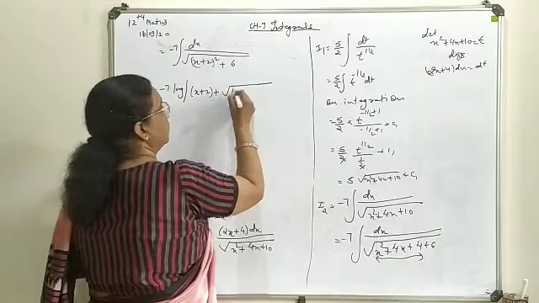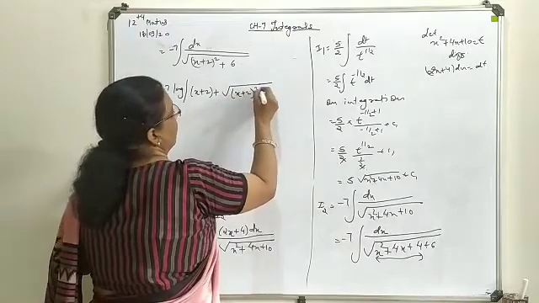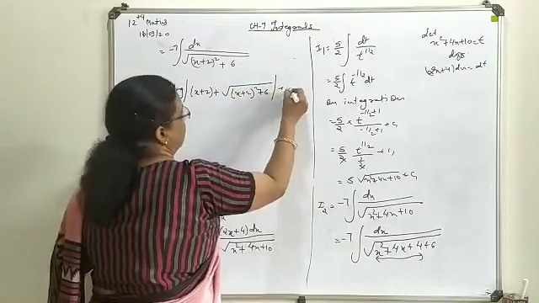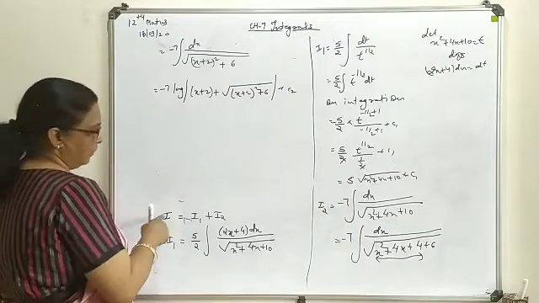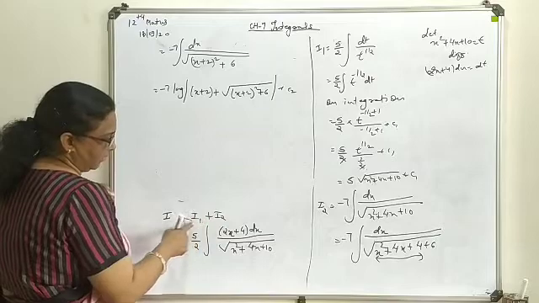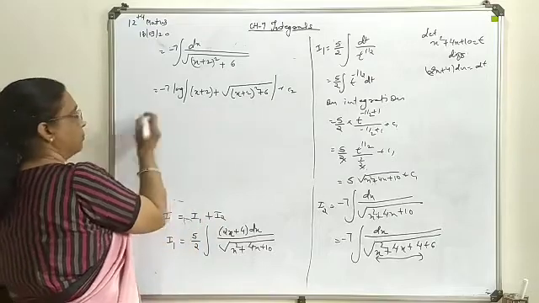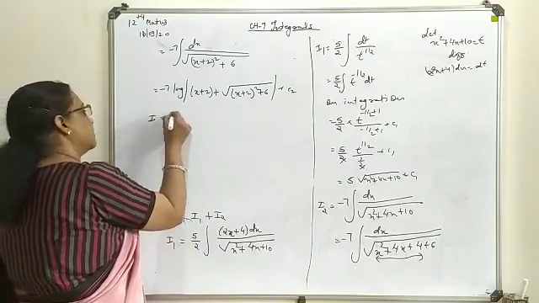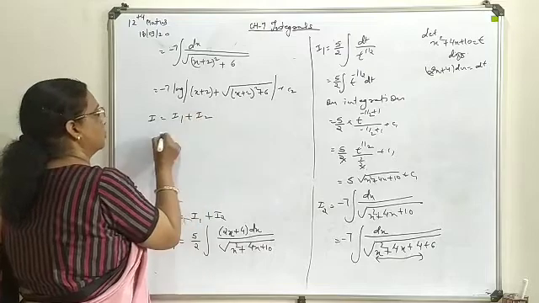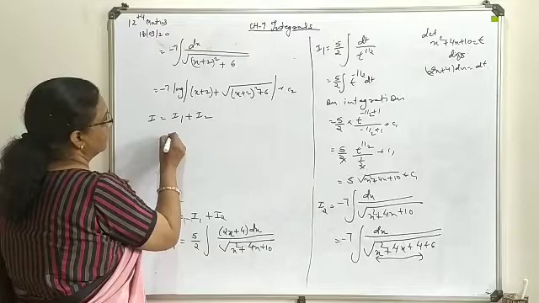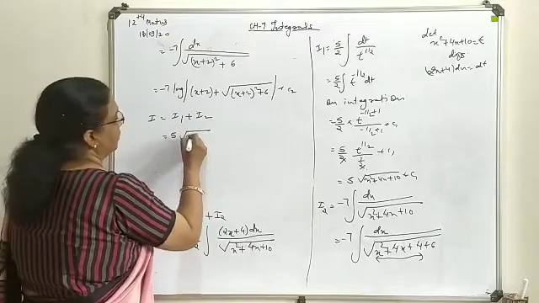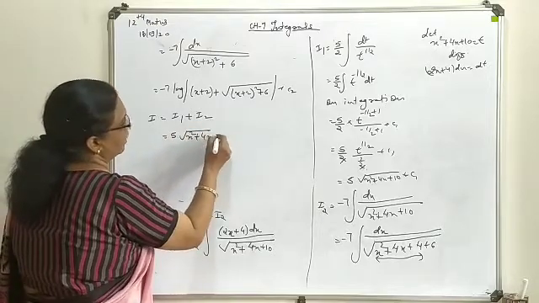So this will give you this much. Another constant you can produce. Now go for combining as I1 and I2 solutions. So the final answer form I was carrying as I1 plus I2. So the I1 solution we are having is 5 under root x square plus 4x plus 10.